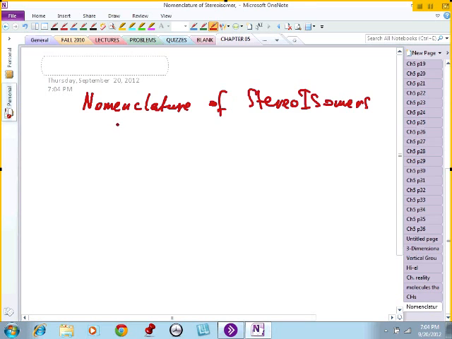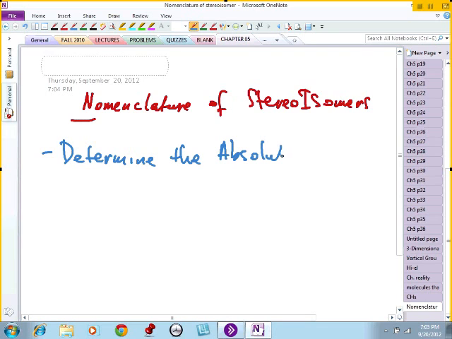In the nomenclature of stereoisomers, we determine what we call the absolute configuration of the chirality center.